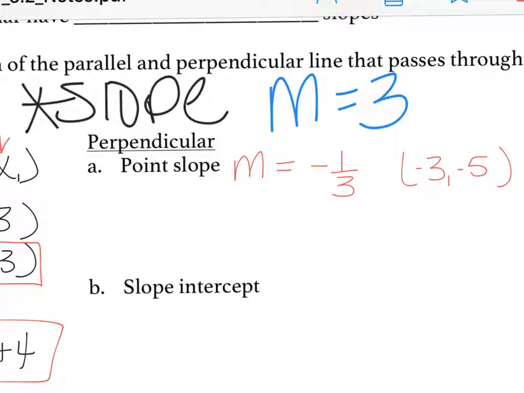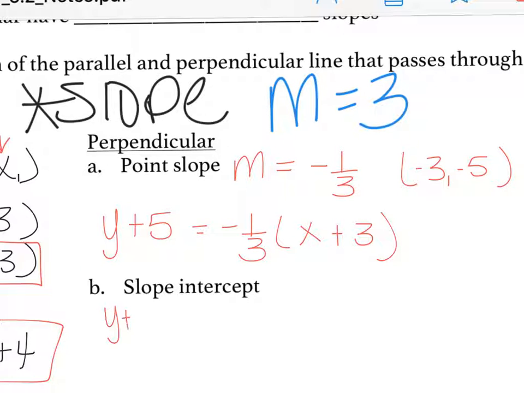So your point slope form is going to be y plus 5 equals -1/3 times x plus 3. And then for slope intercept, you distribute your slope. So you've got y plus 5 equals -1/3 x.